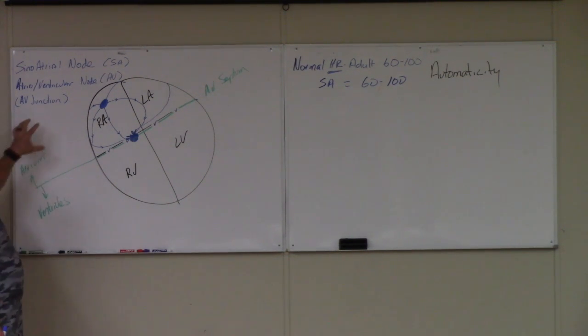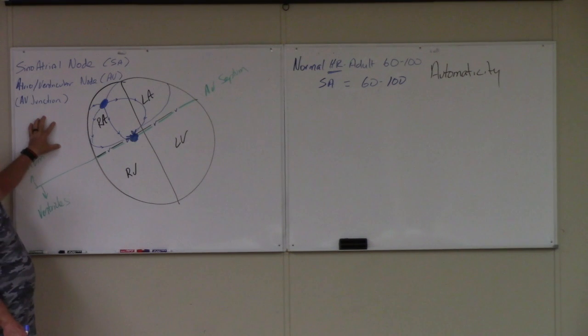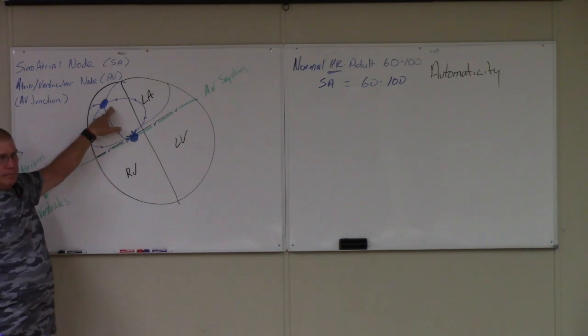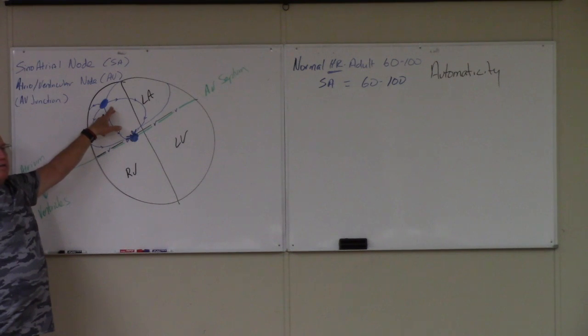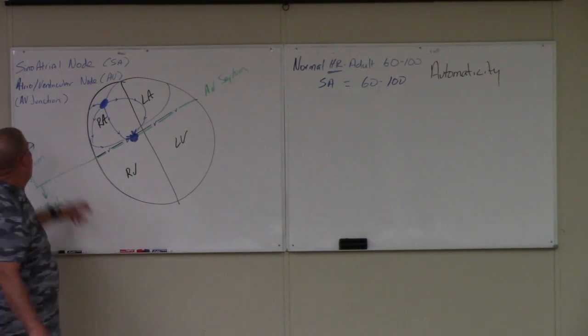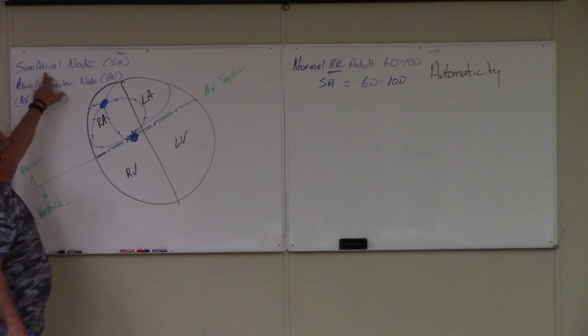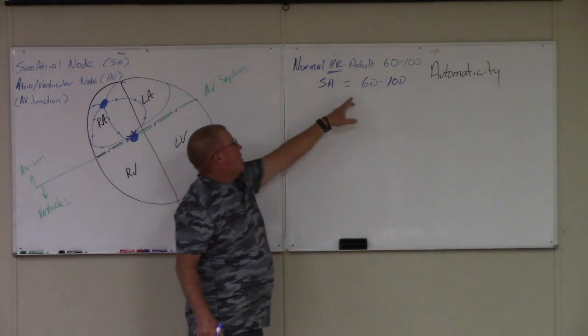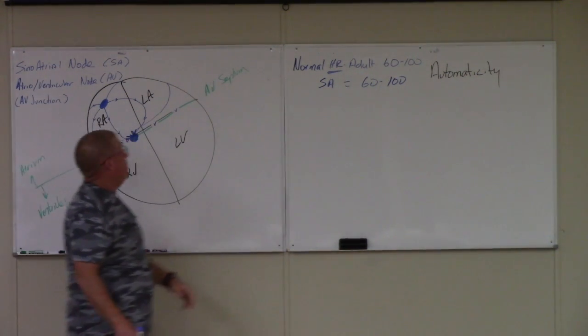So if for some reason the SA node doesn't work, it gets tired, it says, I'm not going to create a charge anymore. I'm done. Forget it. I'm giving up. The second pacemaker site, and we call these pacemaker sites, the SA node is a pacemaker site with an inherent heart rate of 60 to 100.